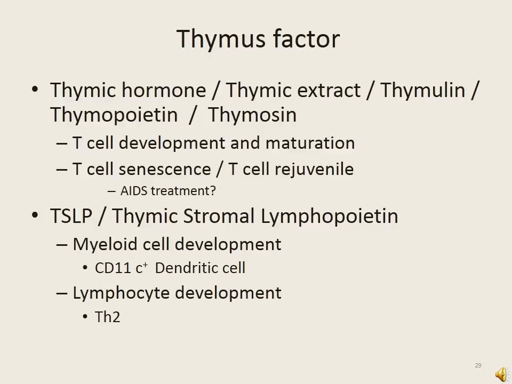This factor is present in other organs apart from the thymus gland, and many immunology studies in the last 10 years show that this TSLP present in other organs will influence the development of myeloid cells, especially dendritic cells, to express certain CD markers like CD11c.